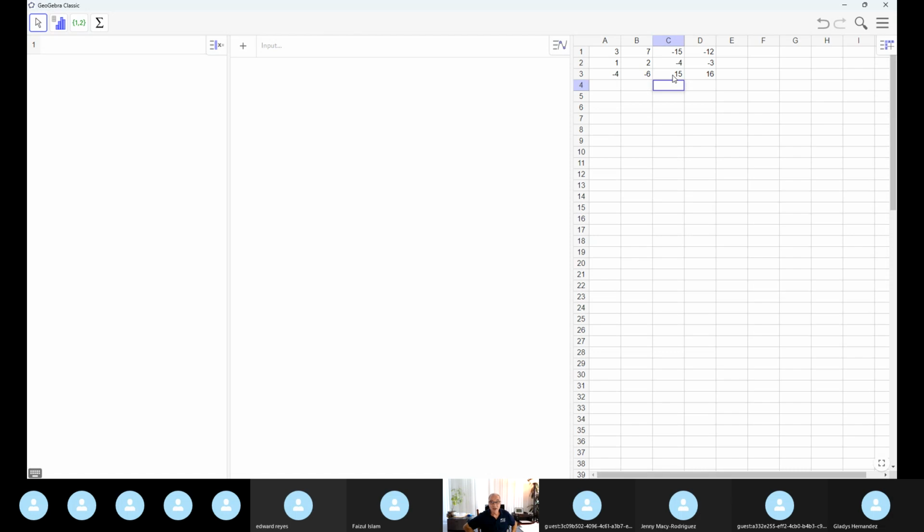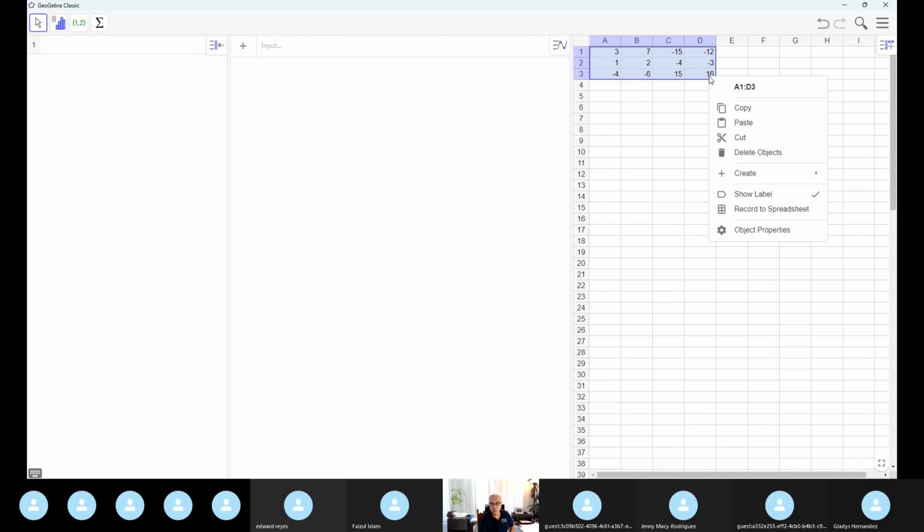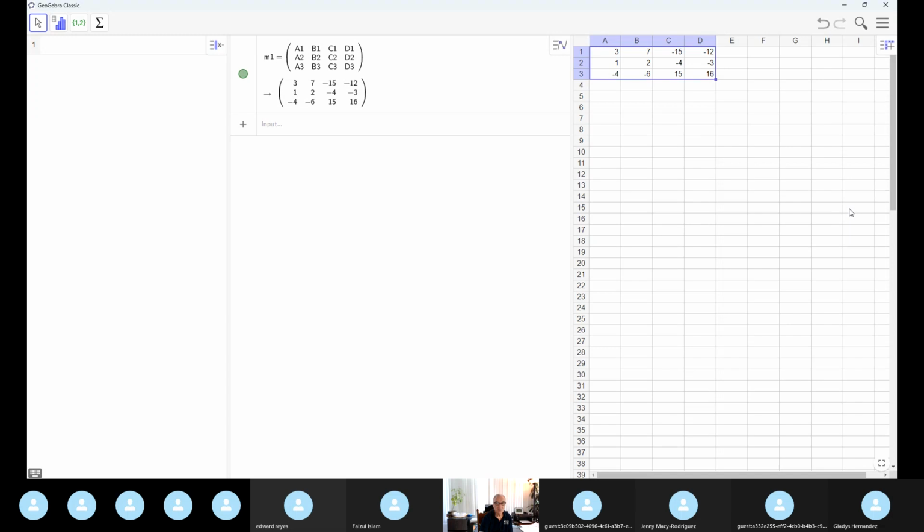Now, an important, crucial moment. You select every number inside the matrix, right-click with the mouse, and in the pop-up menu you choose Create, then Create Matrix. Do you see the process? Bang!